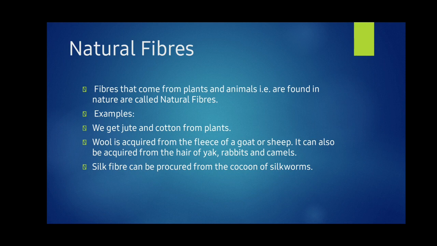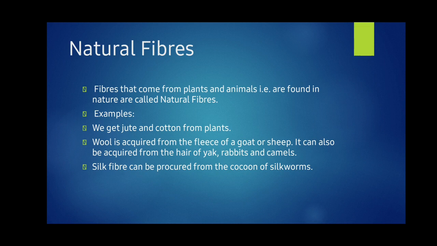In the previous year, you have seen about the plant fibers, the fibers obtained from plants. And in this year, in class 7, you are going to see about the fibers obtained from animals, like wool and silk. In the upcoming class, grade 8, you will study about the synthetic fibers. So the fiber lesson is an important lesson because you are going to study it over three years.